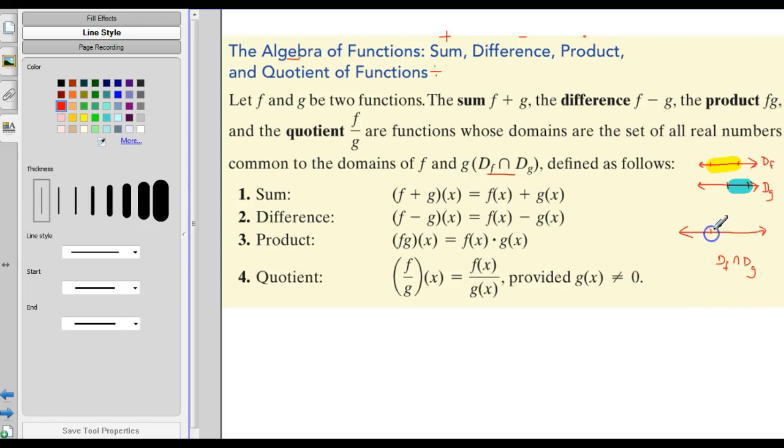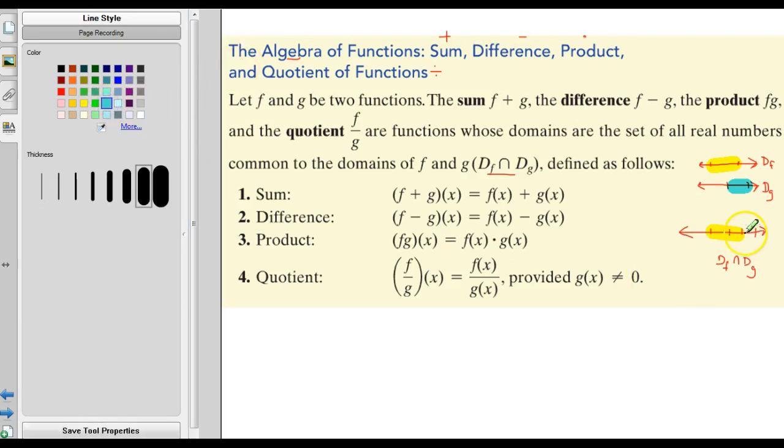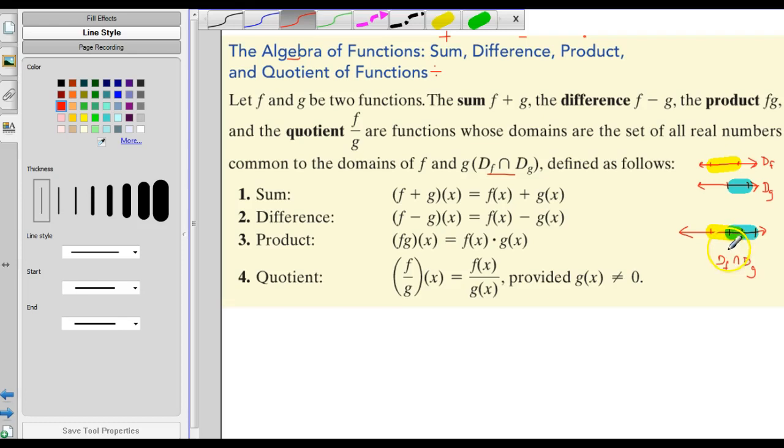It's like there's that line, there's that line, there's that one, and then there's that one. Because this is yellow and this is blue, what we would end up with, as far as the picture goes, is yellow here to here, blue here to here, and then this little area that's green is the intersection.